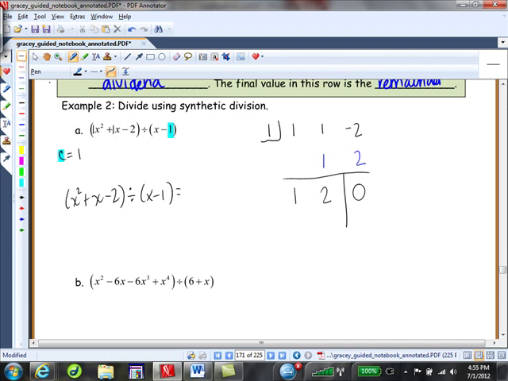So here, this gave us 1x to the 1 because we add a degree of 2 here. So 1x to the 1 plus 2. Well, 1x to the 1 is just x, and then plus 2. That is our end result.